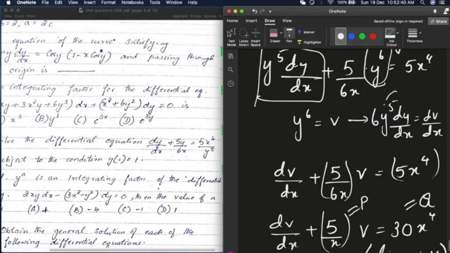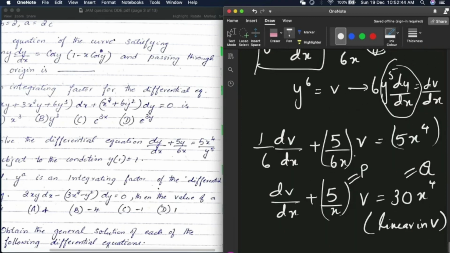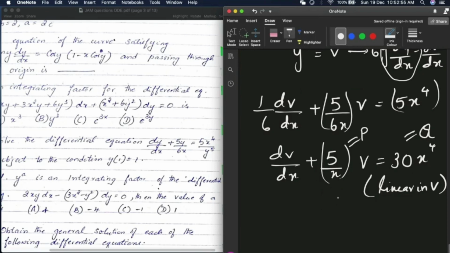So 1 by 6 I should write. This I forgot actually. So 1 by 6 is coming common. You can take it to the other side. A constant multiple will not create any problem, you can divide or multiply throughout and get rid of that.